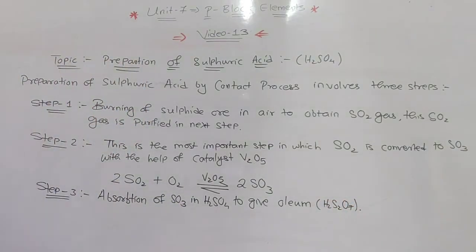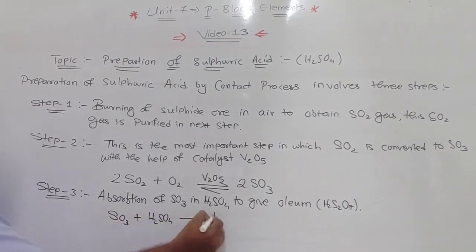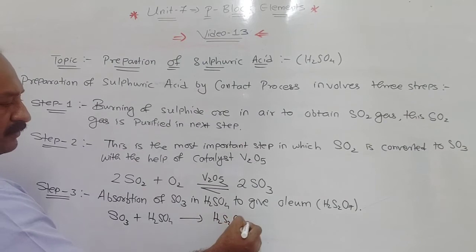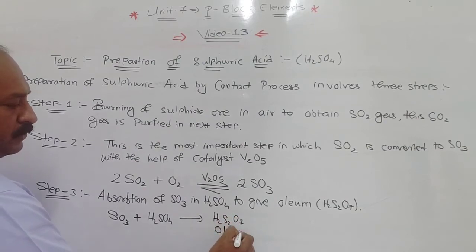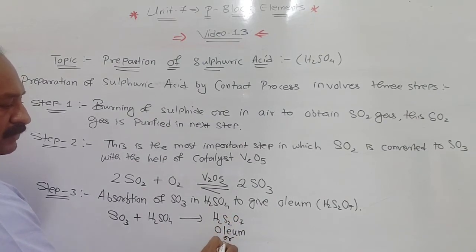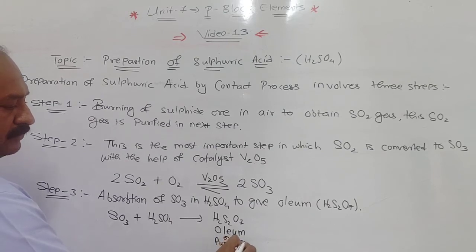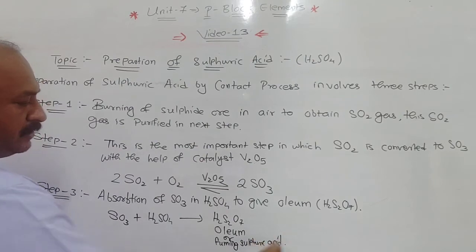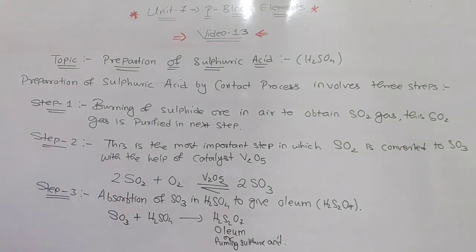Understood? So step 3 is absorption of SO3 in H2SO4 to give oleum, that is SO3 plus H2SO4 gives H2S2O7. This one we call oleum, or fuming sulfuric acid. Clear? Oleum.